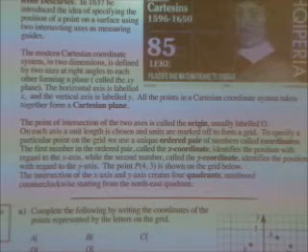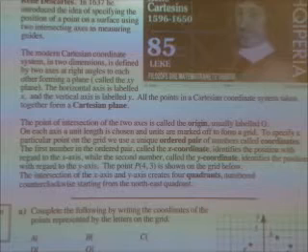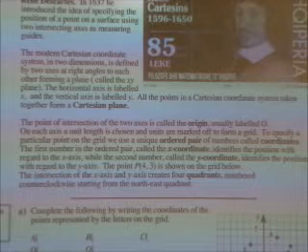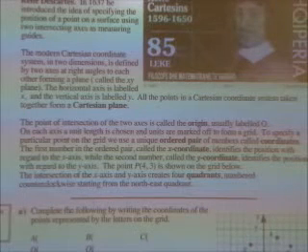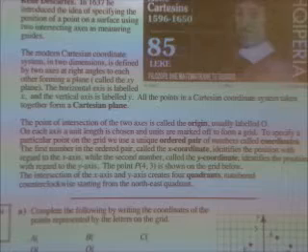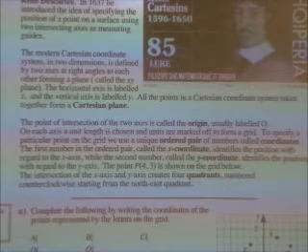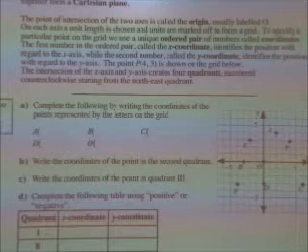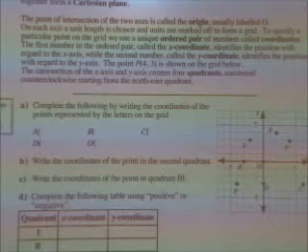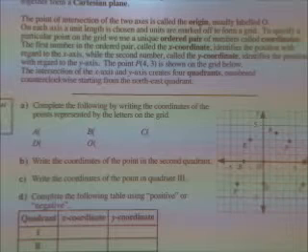This Cartesian plane had a horizontal axis that we called the x-axis, and a vertical axis which we call the y-axis. The point of intersection of the 2 axes is called what? The origin. So the x and the y meet at the origin.